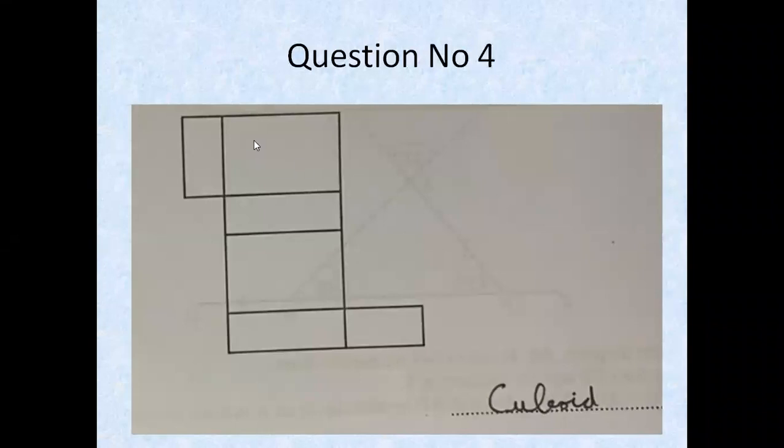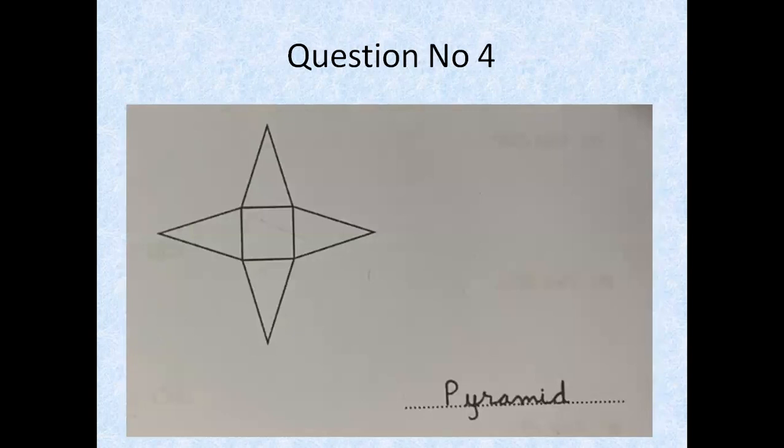When you close these, this will form a rectangular box. When you bend these along these lines, this will make a rectangular box. So this is a cuboid. When you bend them along this line, this line, this line, this line, this will come here, this will come here, this will come here.